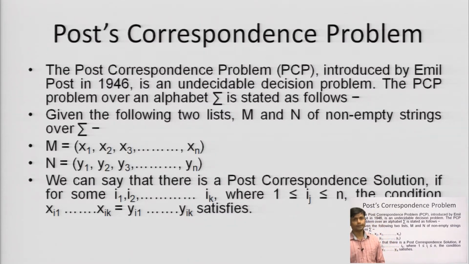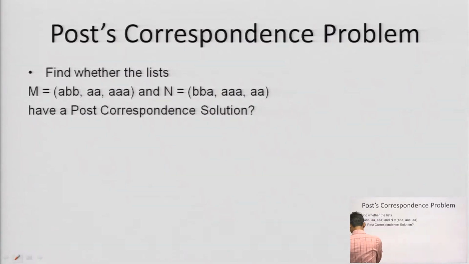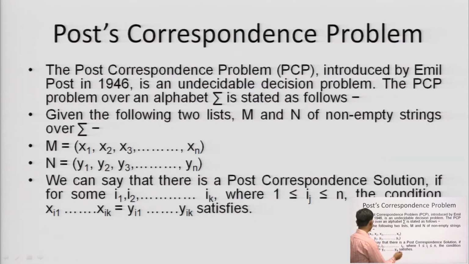Given the following: suppose we have two lists, M and N, of non-empty strings over some input alphabet. Here is the input alphabet. Over the input alphabet, M and N are two lists: x1, x2, xn are strings, and y1, y2, yn are strings.